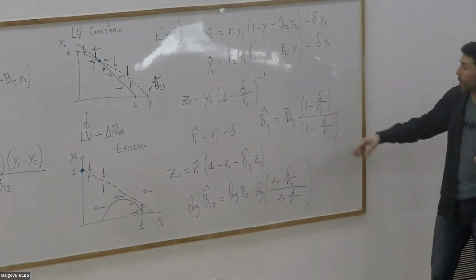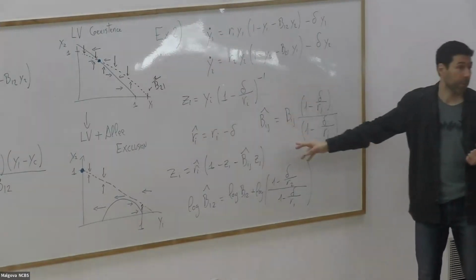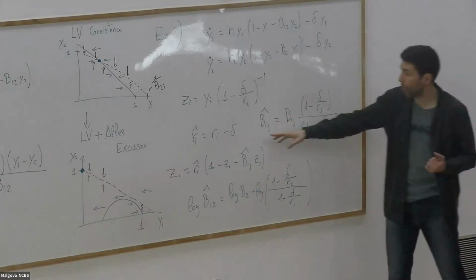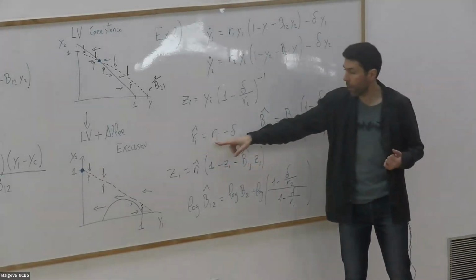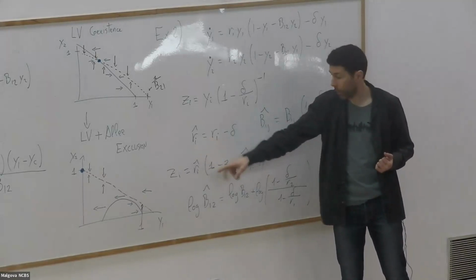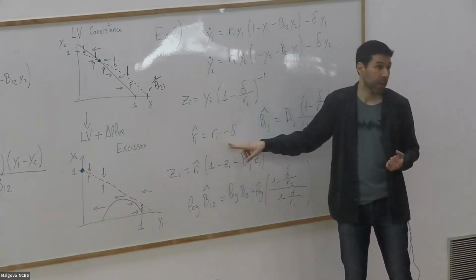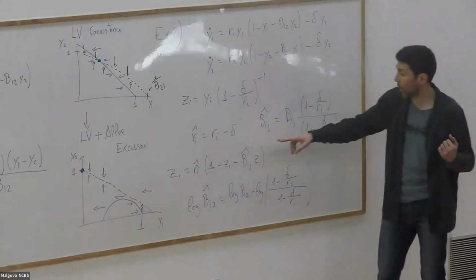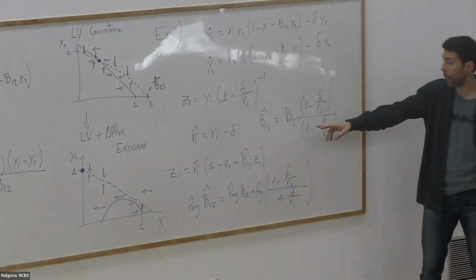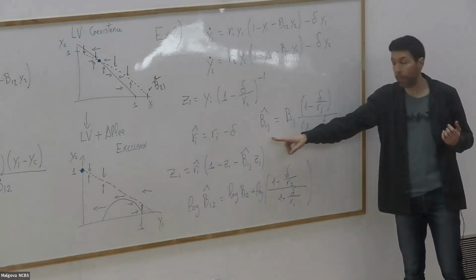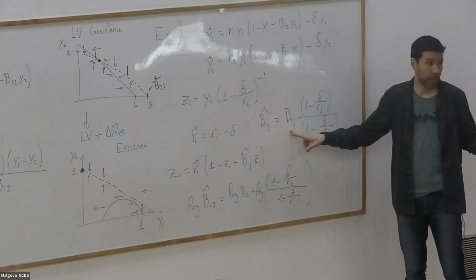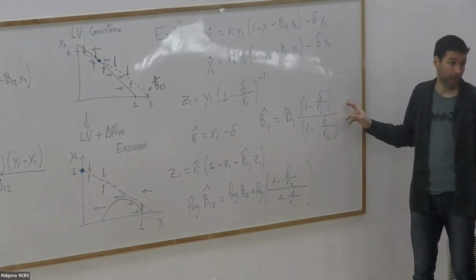If you do this, I let you do the math, and you will find that you can write the new equation with this growth rate for z, which is just the original growth rate minus the added mortality. And then the new interaction term is the previous interaction term multiplied by something.